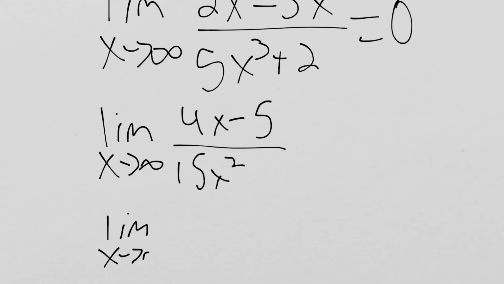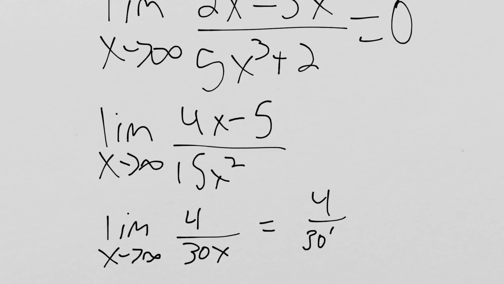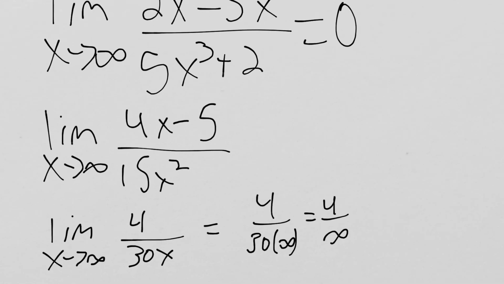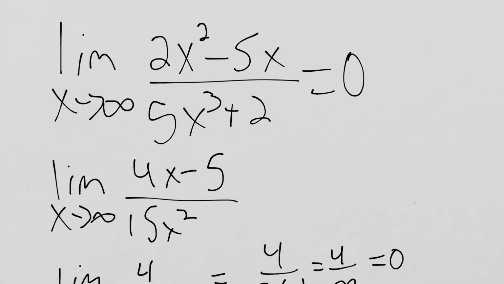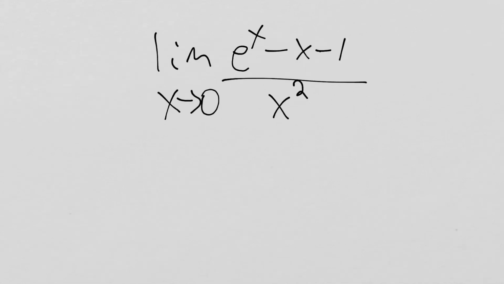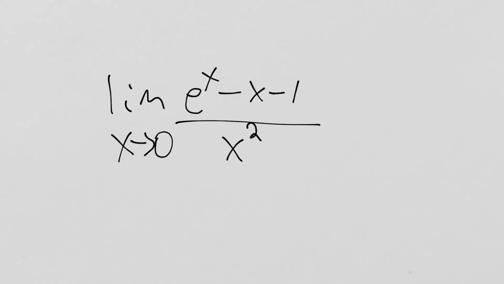Limit as x approaches infinity. The derivative of 4x minus 5 is just going to be 4 over 30x. So now if we plug in infinity, well, we're going to get 4 over 30 times infinity, which is just like 4 divided by infinity, which is just going to be 0, just like we expected from our horizontal asymptote rules.